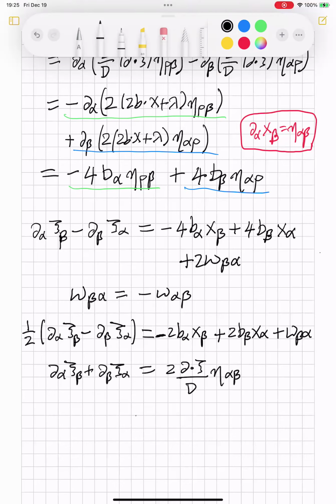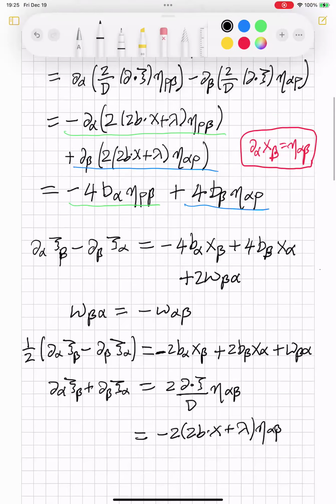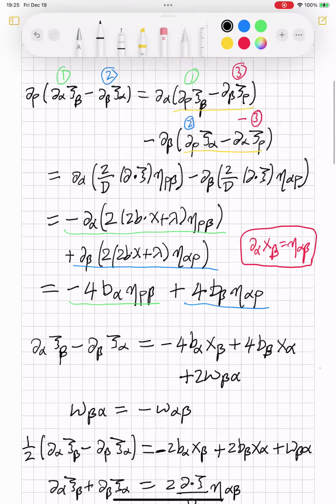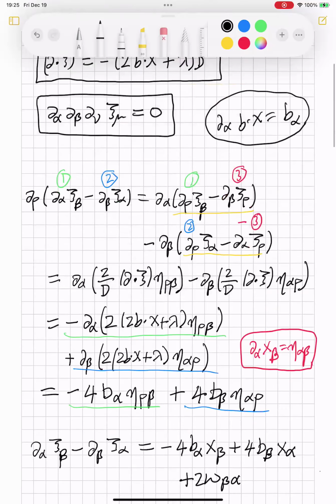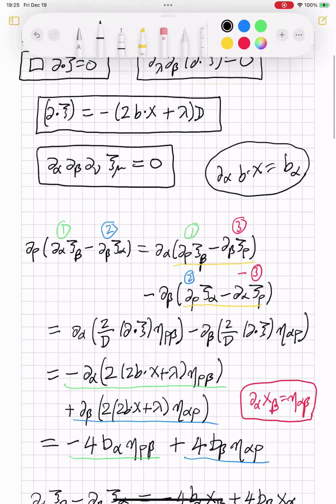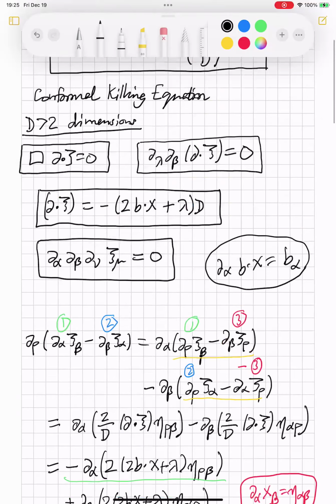And let me just plug in what we know is the value of the divergence. So this will be minus 2 b dot x plus lambda eta alpha beta. All that I did was I used the Killing vector equation, and then I used the fact that I know what the divergence of zeta is. And I just plugged it in there.